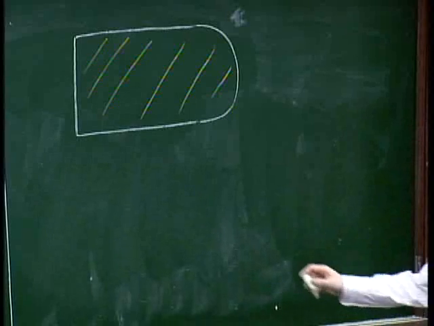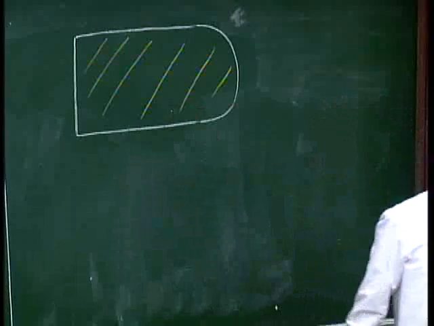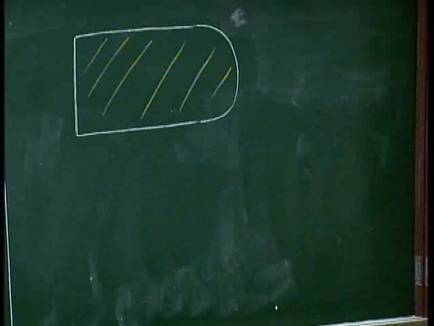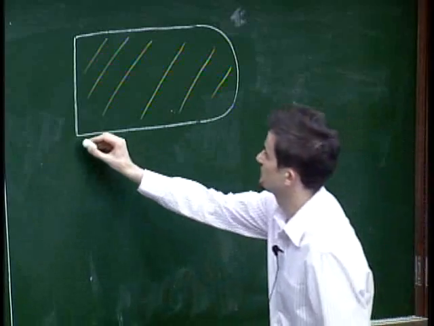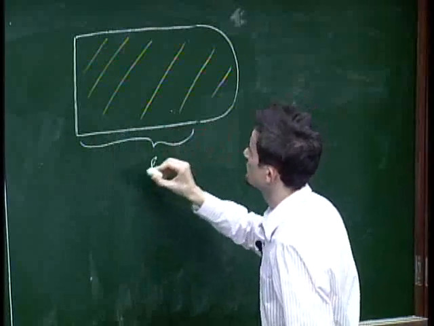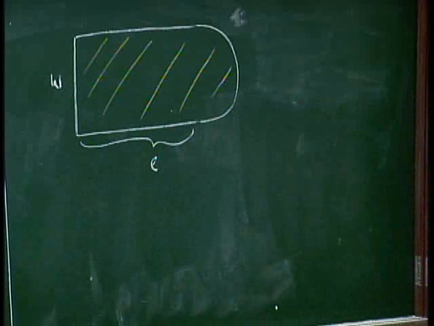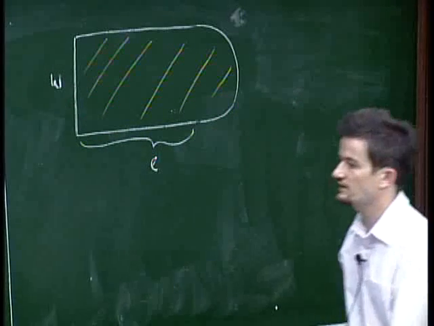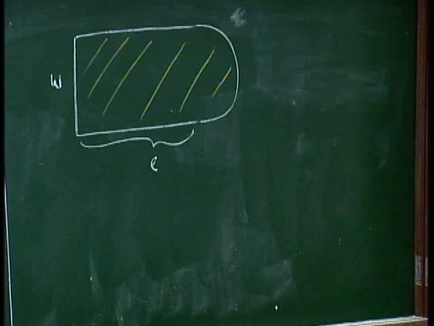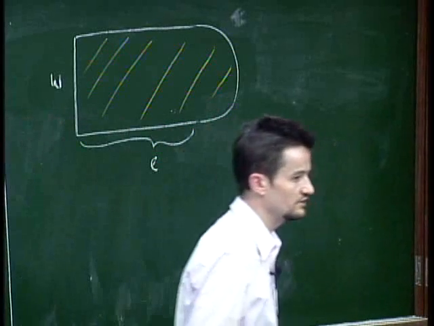The first step is very often to draw a picture. The second step is to introduce notation. So we will call this here L, and we call this here W. Now, the next step is to write down the quantity which you want to maximize as a function of the other quantities.